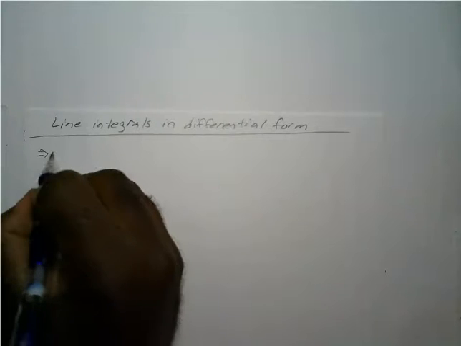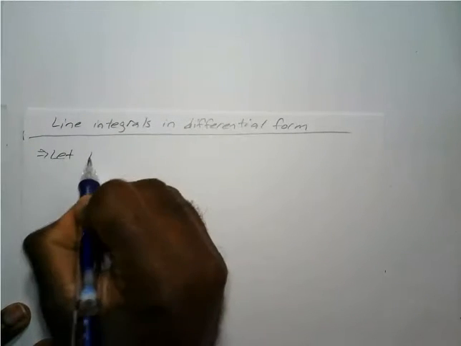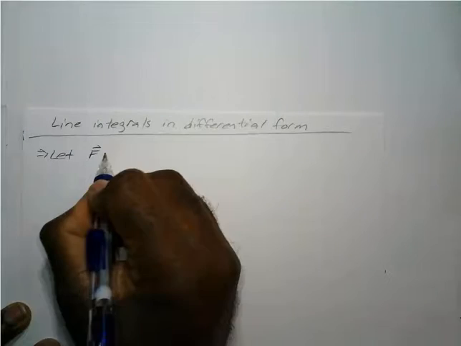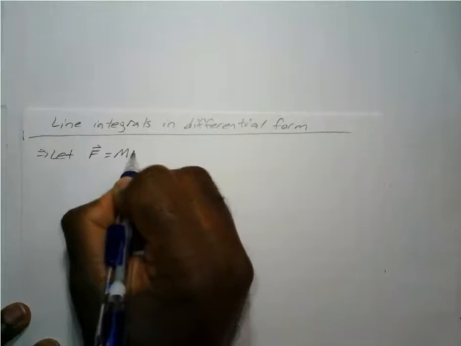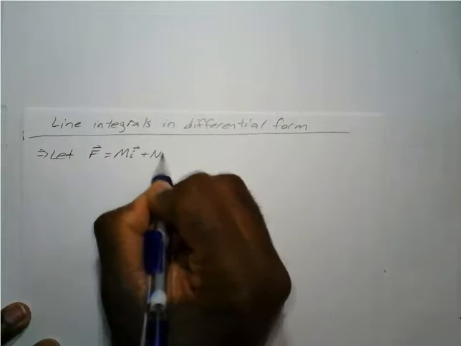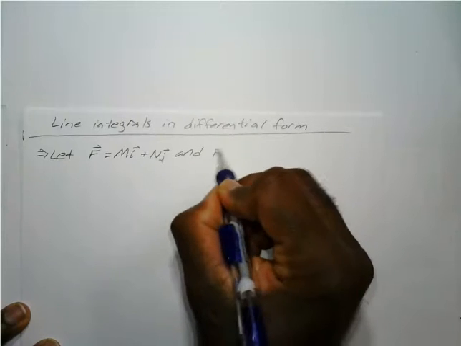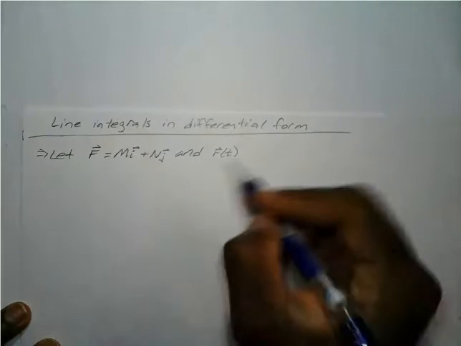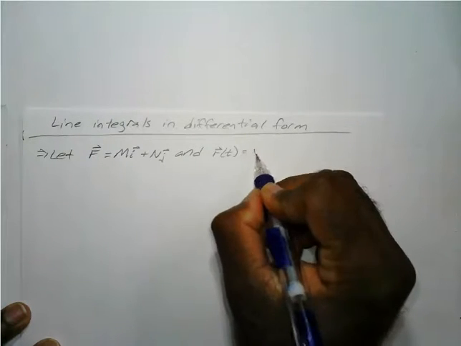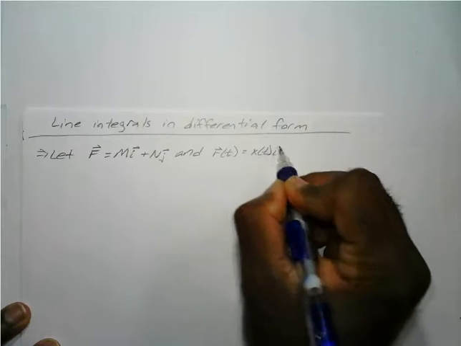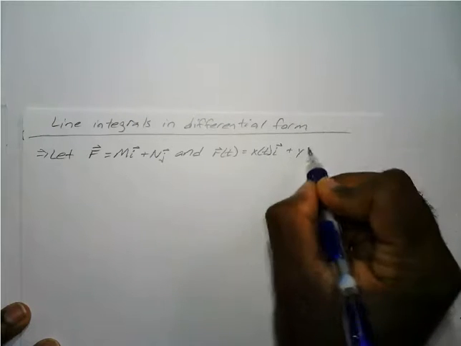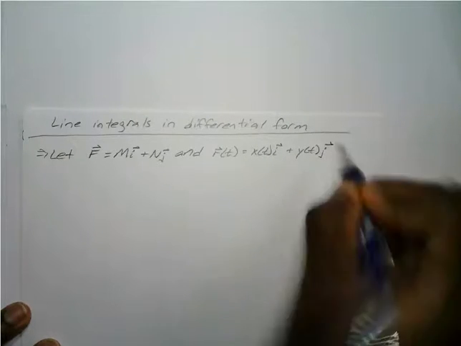Alright, so, of course, what if we let our vector field equal m times some i vector, n times some j vector, and your vector valued function is, of course, x of t times your i unit vector plus y of t times your j unit vector.